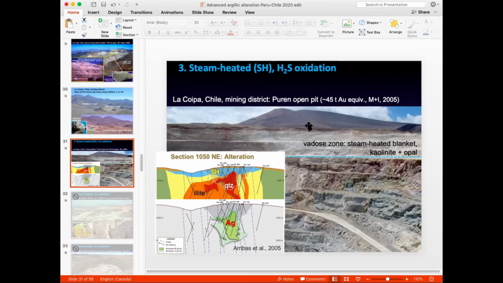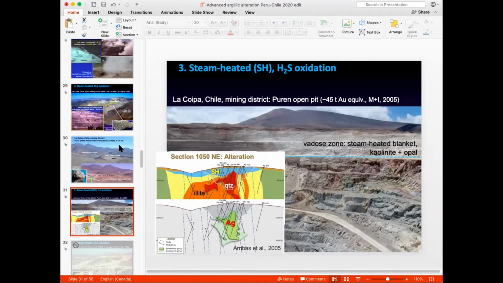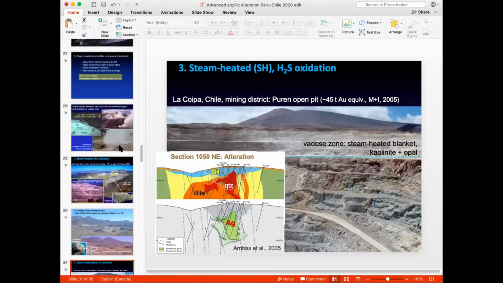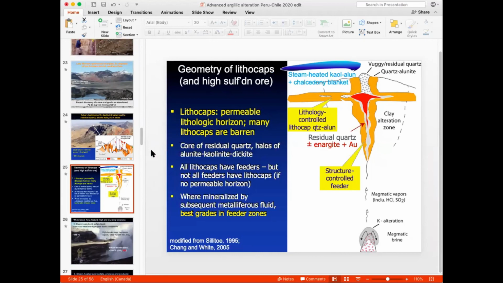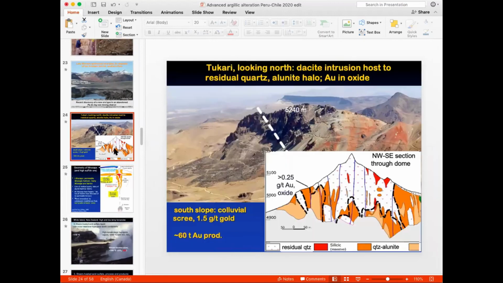Yes, good point. Let's take a look at this. Here at Tucari, obviously we have a large, about 600-meter long, 200-meter wide residual quartz zone, flared.